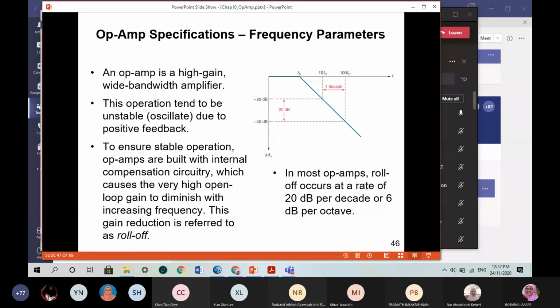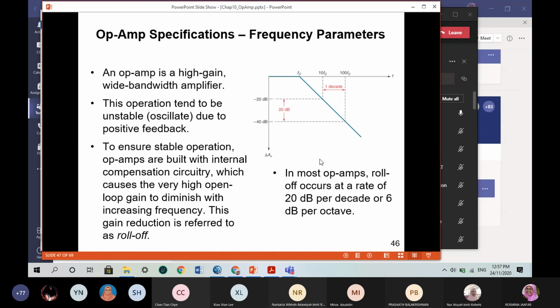Now the op-amp specifications, the frequency parameters. An op-amp is a high gain, wide bandwidth amplifier, and this operation tends to be unstable and oscillate due to positive feedback. To ensure stable operation, op-amps are built with internal compensation circuitry, which causes the very high open loop gain to diminish with increasing frequency. This gain reduction is referred to as roll-off.